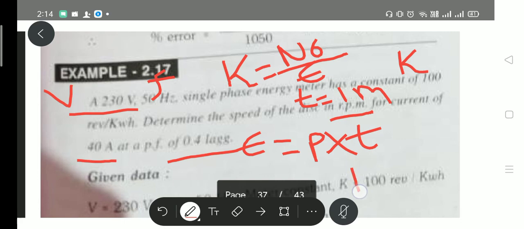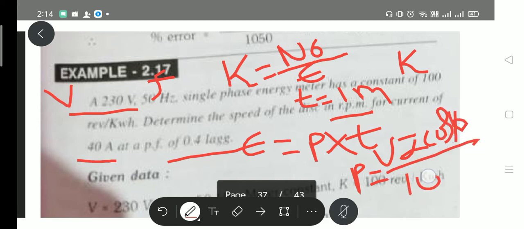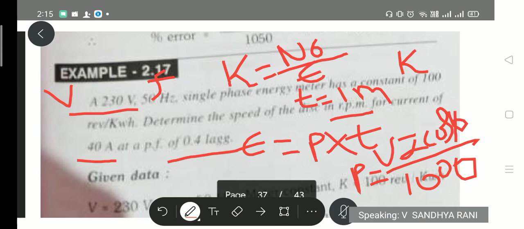So first you have to find the power, that is power is equal to VI cos phi by 1000. We know the voltage, current and cos phi. Here cos phi is 0.4 lagging, current value is 40 and voltage value is 230. Substitute here, then we can find the power value.